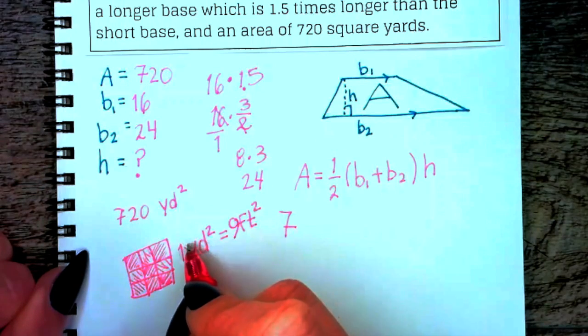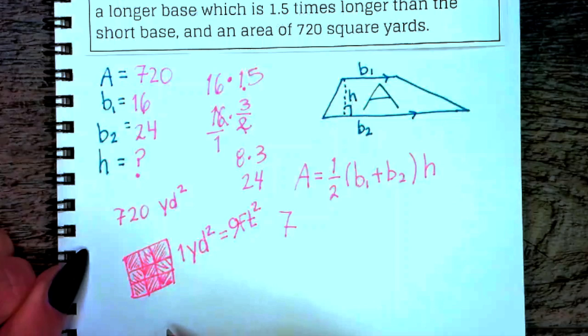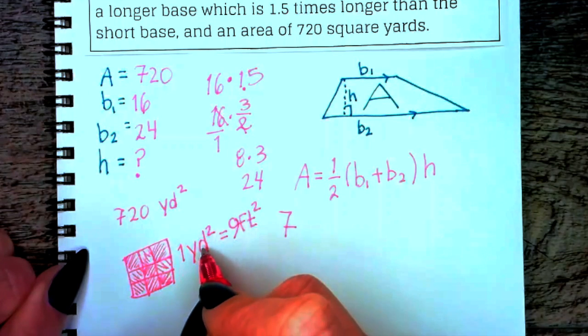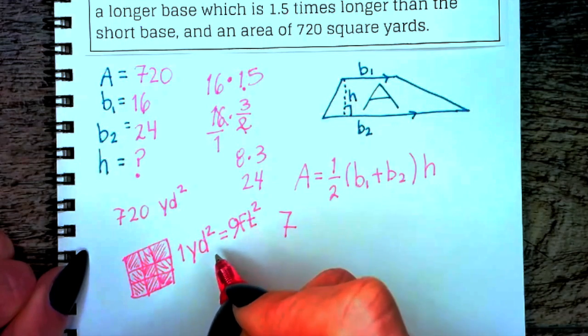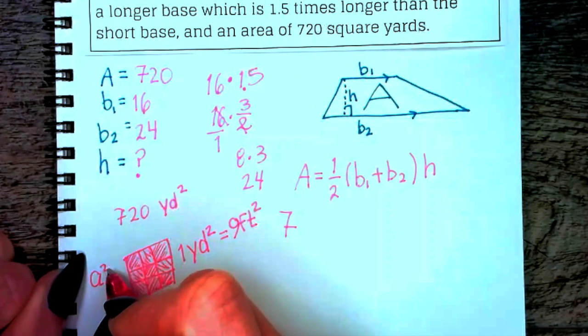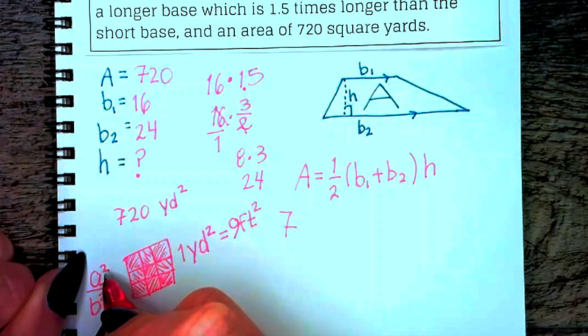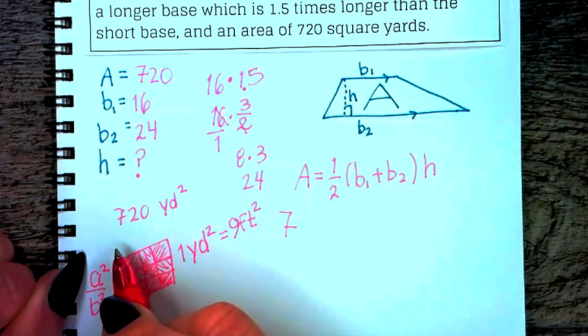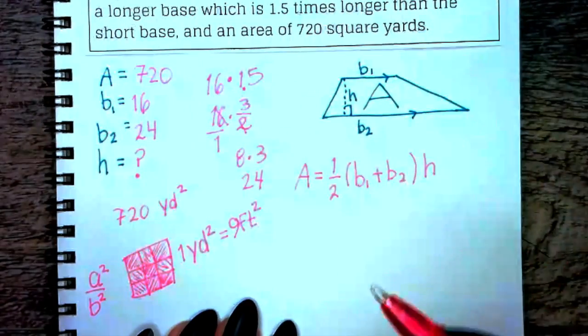So does that mean we just multiply the square yards by 3 to get the answer? It's multiplied by 3 squared. It's the same relationship that we're looking at with a squared and b squared versus a and b. What I need to do is take my 720 and multiply that by 9.